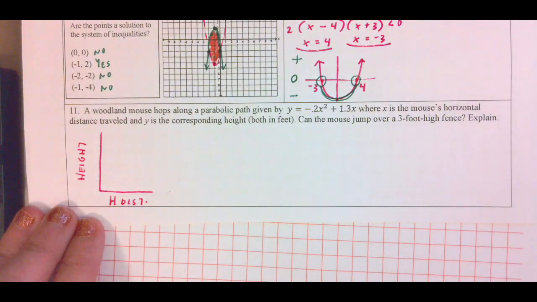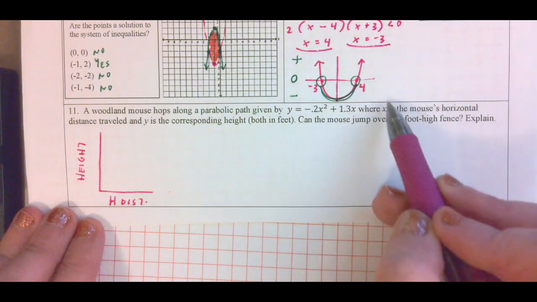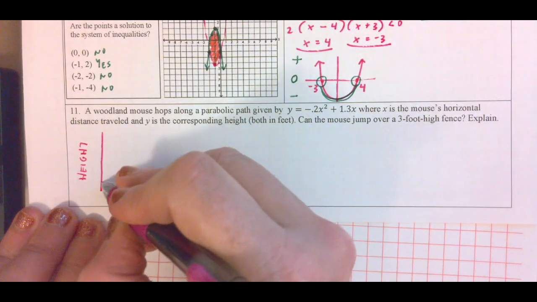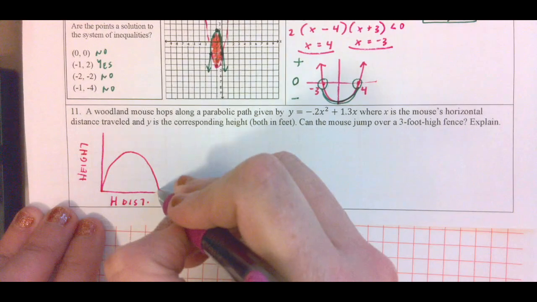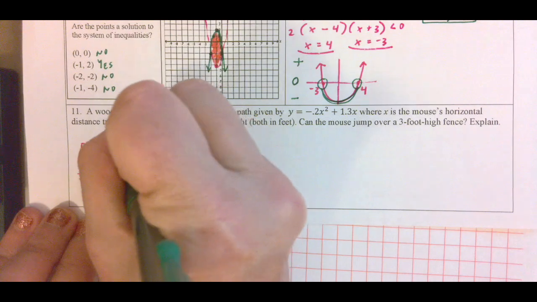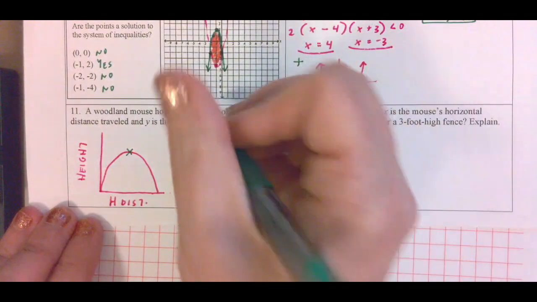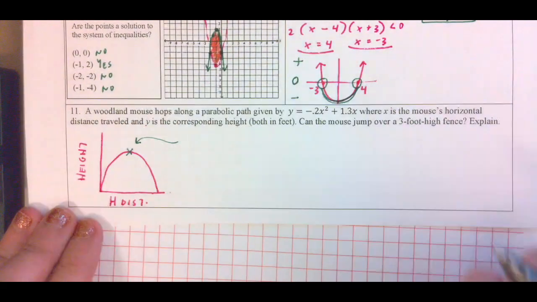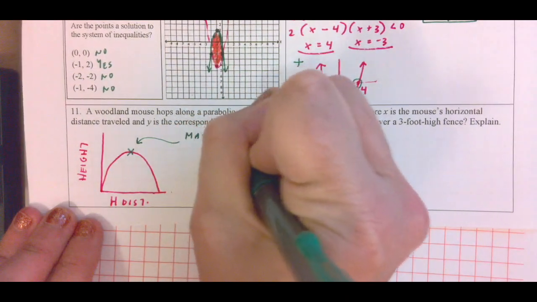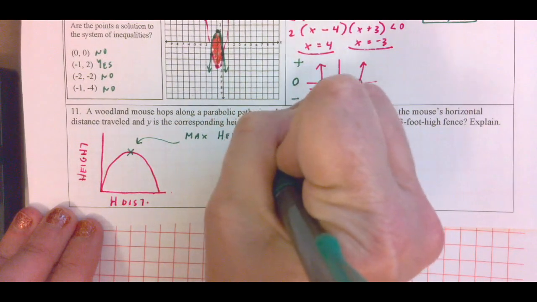So here there's no extra number attached, so we start at (0, 0), the origin, and if we visualize it, here is our upside down parabola. We want to know, can the mouse jump over a 3-foot high fence? So we're really interested in this vertex. What is the maximum height that this mouse can reach? We know that that max height needs to be more than 3.